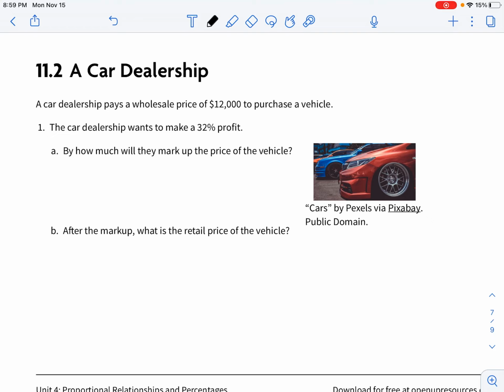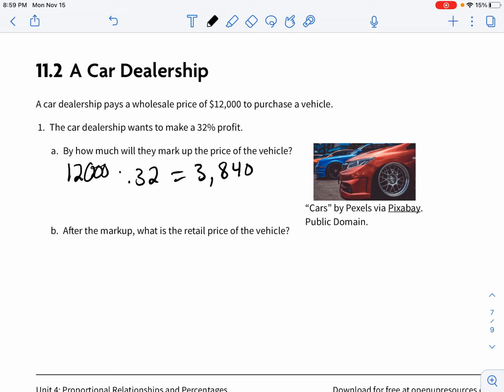Well, it's just going to be the original price, 12,000 times 32%, which is 0.32 in decimal form. That's going to give us our value that they increased the price of the vehicle by. So when you put that in the calculator, they're going to mark it up an extra $3,840.